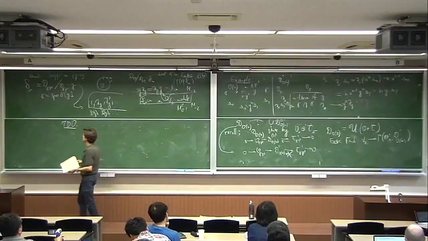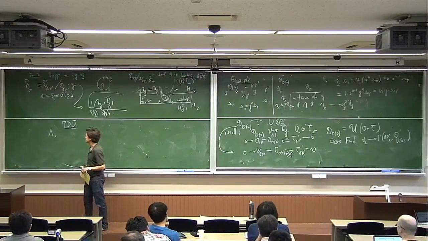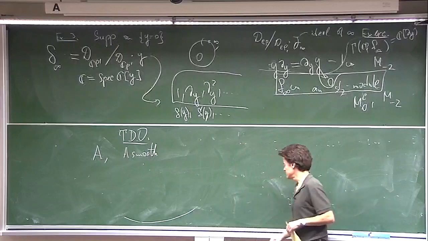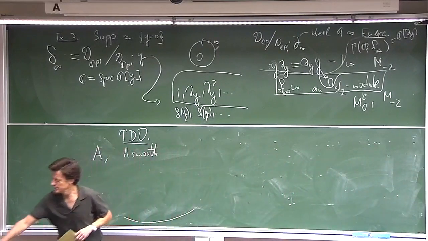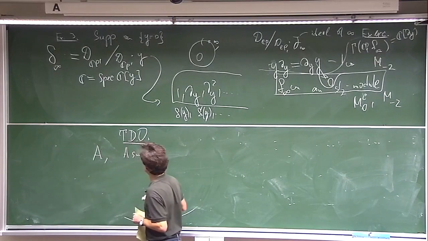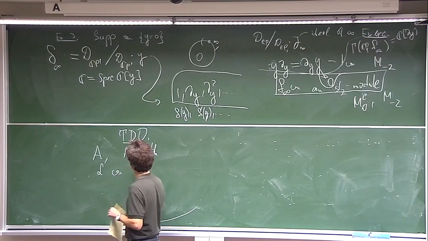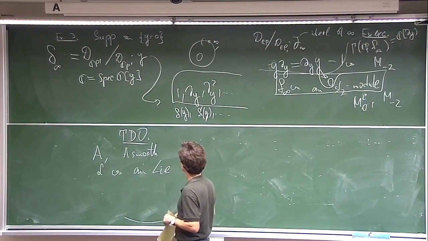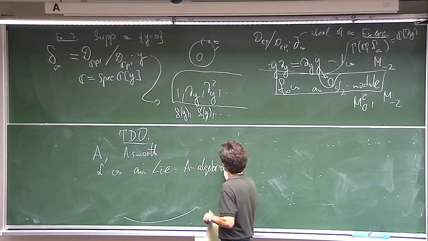So the first notion here is, again, we have an A, and from now on, A will always be small. Meaning, as you remember, that omega sub A is... L is called a Lie algebroid.